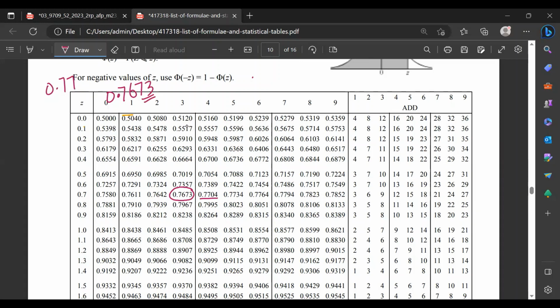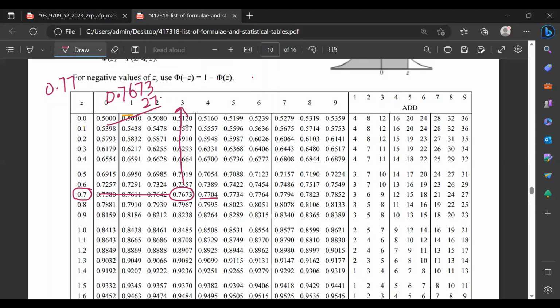So what should be added in the last two digits to make it 0.77? Simply, if you add 27 on the right side, we can make it 0.77.